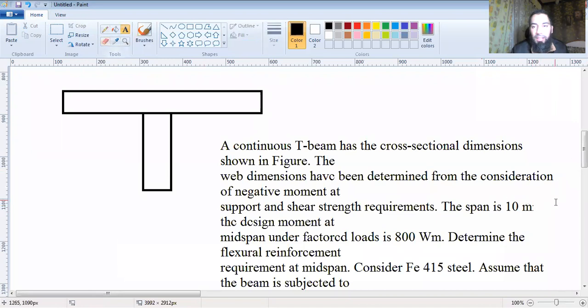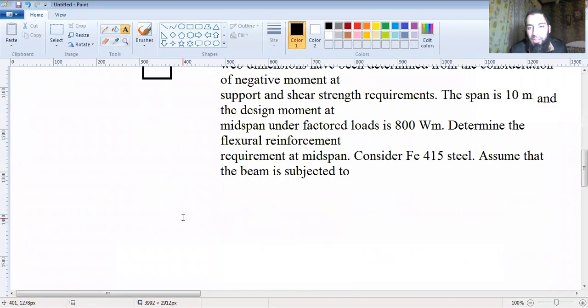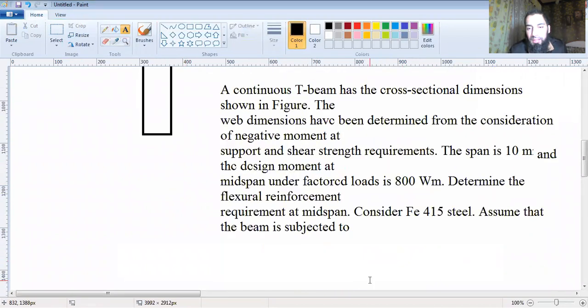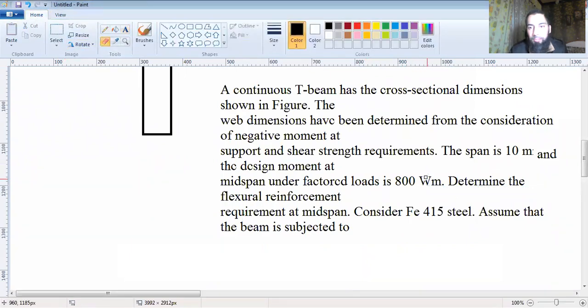And the design moment at midspan under factored load is 800 kilonewton meter.